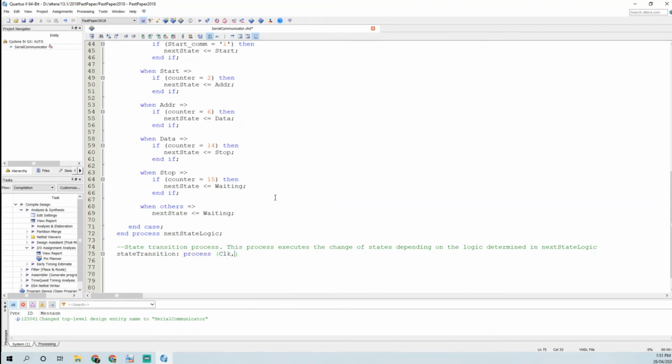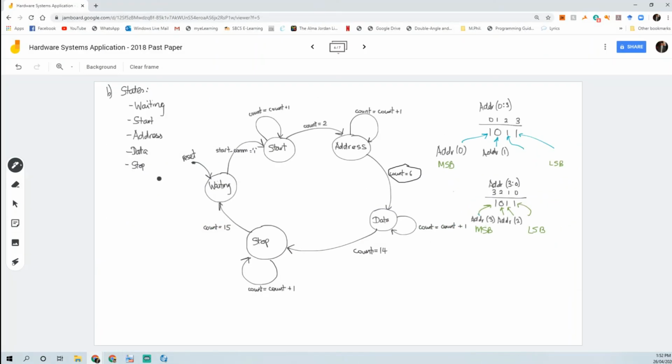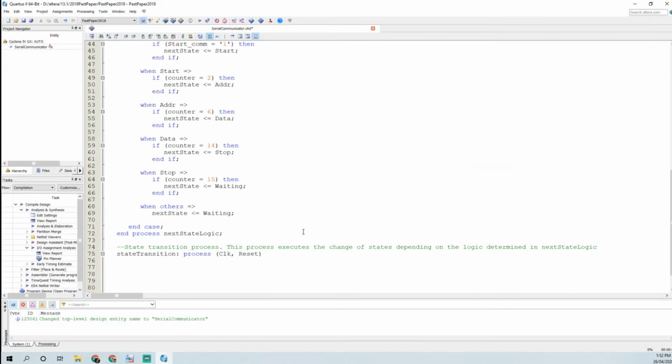Okay, this process now is going to be sensitive to rising clock edges and my reset signal. Why? Because I want to check when I'm at the rising edge of a clock. That's when I want my state transitions to occur, and when my reset signal is high, I want to go to my initial state corresponding to this reset here. Okay, so remember we said that we have an asynchronous active high reset.